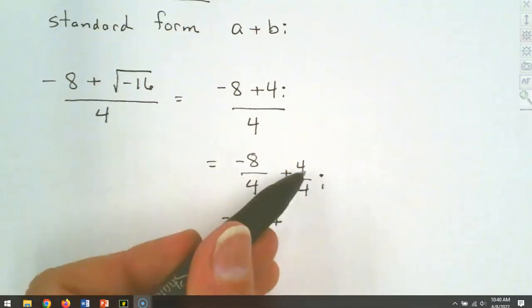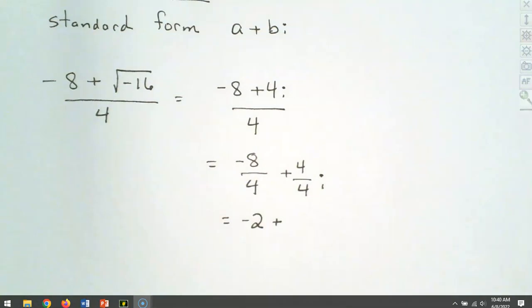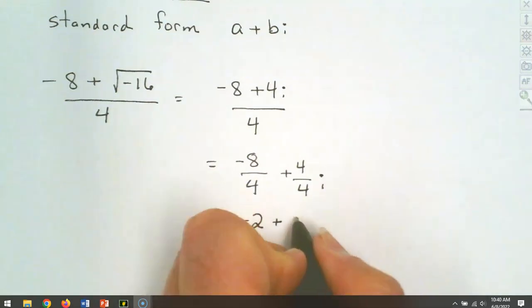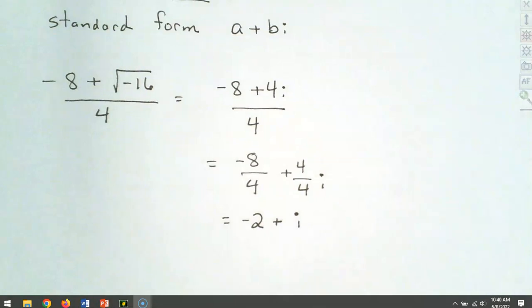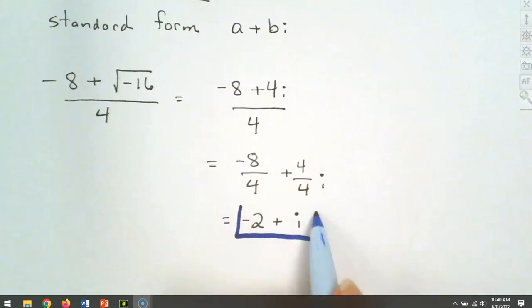What about 4 over 4? 4 over 4 is 1. So that's 1i, and we just write that as an i. So that would break down and become, in standard form, minus 2 plus i. So you break up your square root, and then you split the fraction into the 2 halves, and you reduce down each one individually.